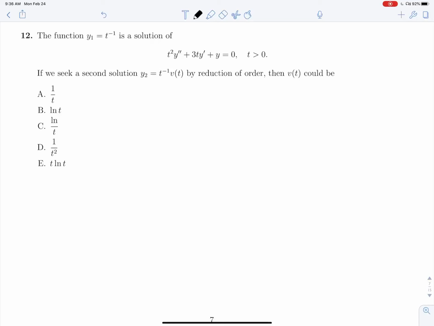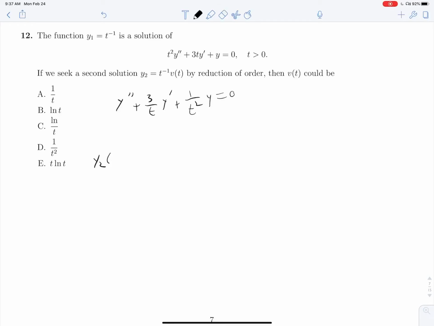And the first thing that we want to do is isolate y double prime. So y double prime plus 3 over t y prime plus 1 over t squared y is equal to 0. And we have a nice equation for reduction of order in general.